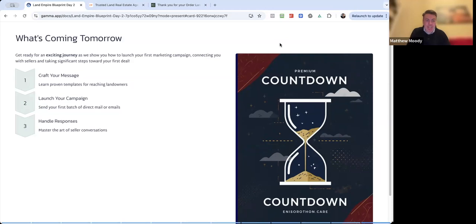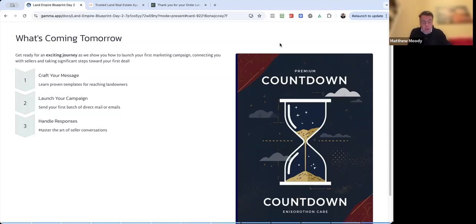Yeah, it'll be fun. But anyhow, we're going to talk tomorrow about how you craft a message so you can get to landowners and they don't mark your message as spam. We're going to look at how you send a batch of SMS messages, not emails, although you can do that, but SMS messages.